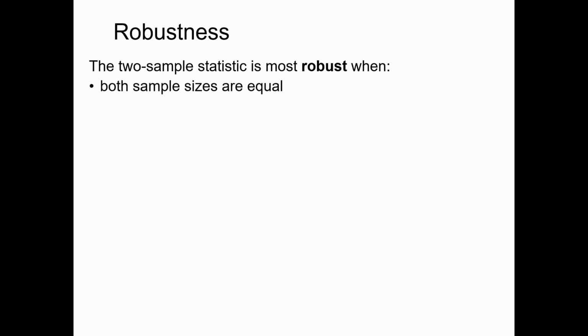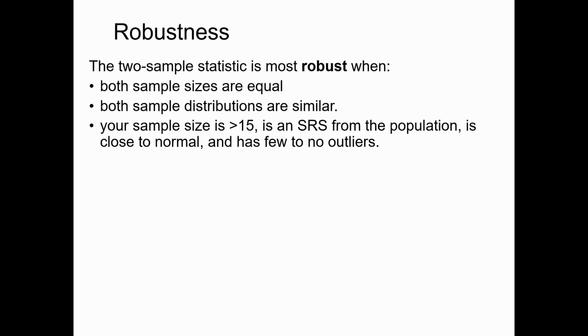If you have 2 samples from one population and 100 samples from another population, that can really throw off your estimates. Two, both sample distributions are similar. If one is very left skewed and the other is very right skewed, that might not be a good situation. You might want to try a different test.